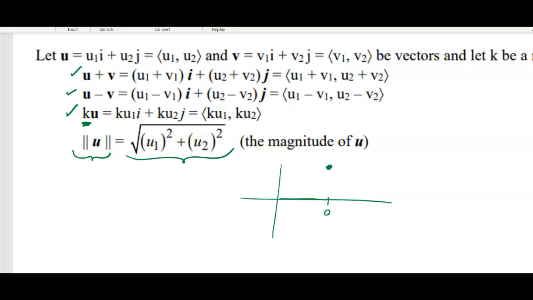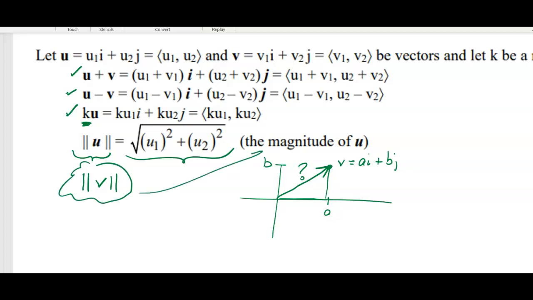So if that's a and that's b, we're looking at vector, let's call it vector V. It's ai plus bj. Well, what's the length of this vector? We're using the double bar notation now. So double bar V, double bar, this means magnitude.